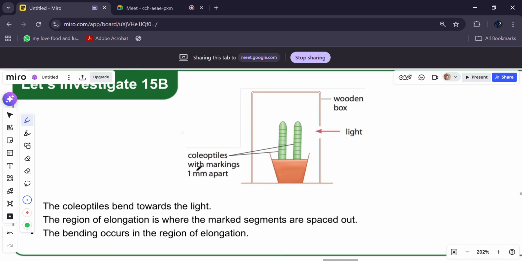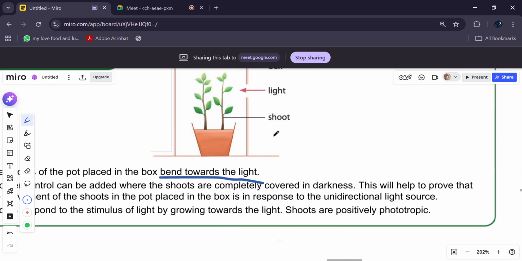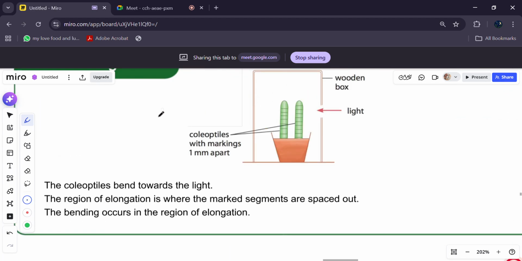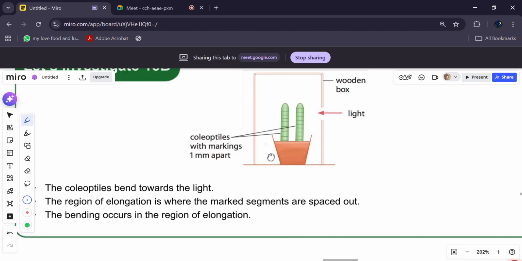Now here is a different type of plant, which is known as coleoptiles. Coleoptiles bend towards the light. This is the same as the other experiment, 15a. In 15b, the coleoptiles bend towards the light, and the region of elongation is where the marked segments are spaced out.